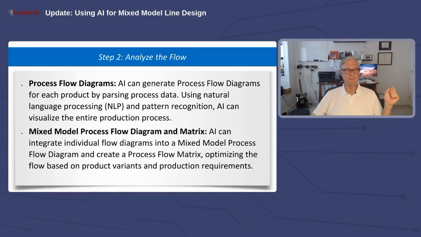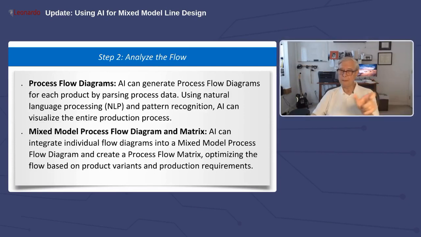Step 2, analyze the flow. So based on the information, maybe from our company routings or even from images that we provide, AI can generate process flow diagrams. So every product is going to have a process flow documentation. What are the main processes and how are they connected in time? And the other thing is it can generate a summary of that information, which is what we call a mixed model process flow diagram.